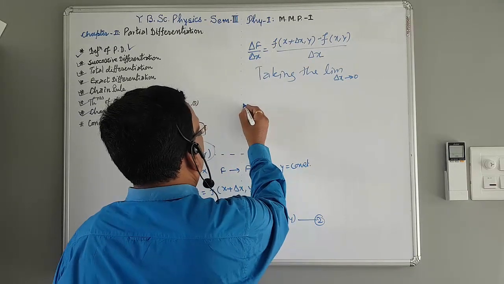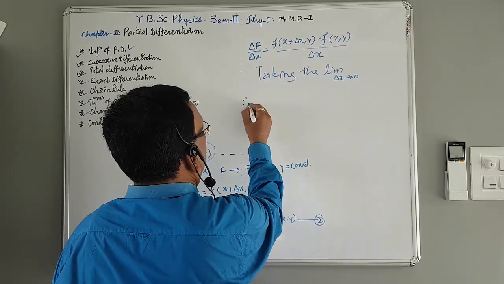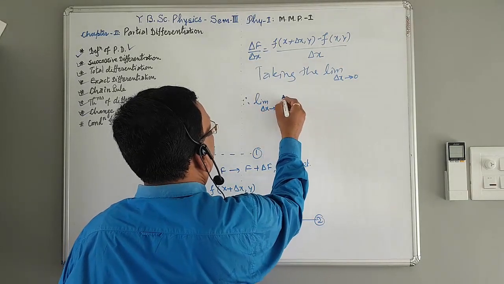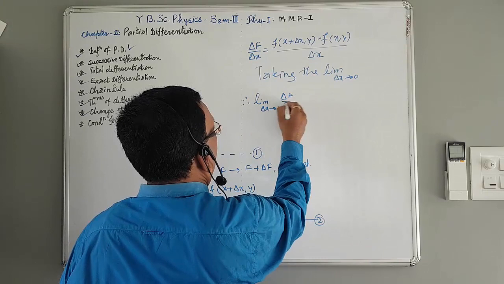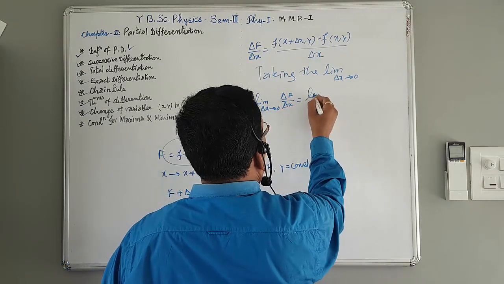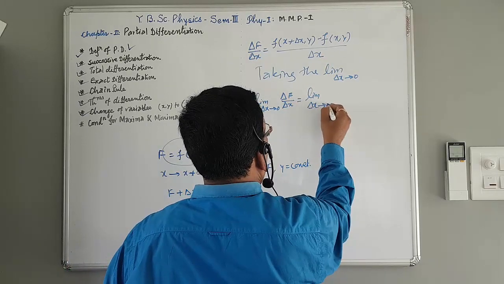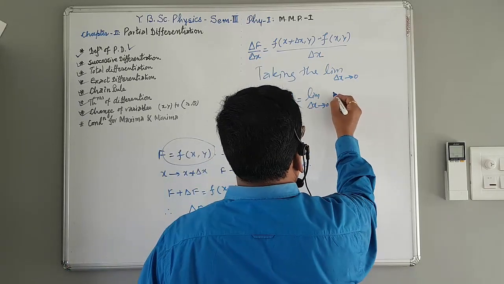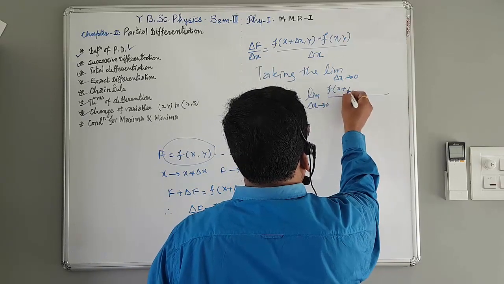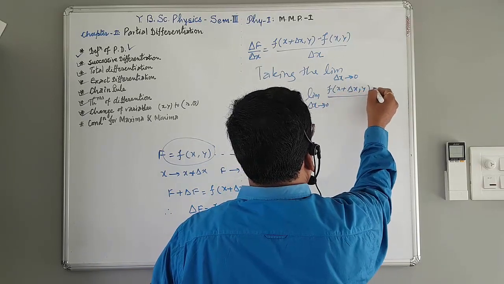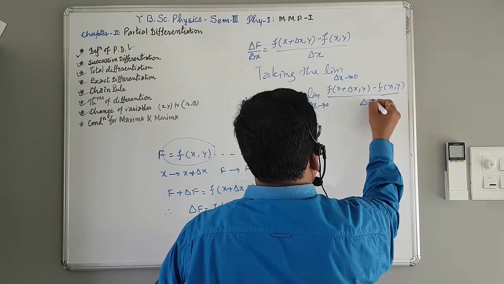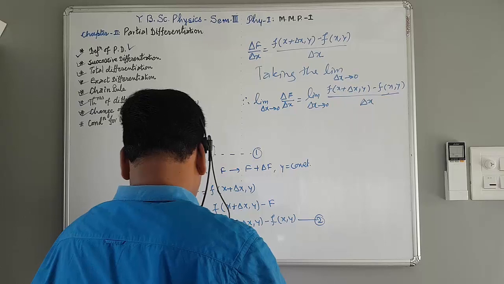Therefore, limit delta x tends to 0 of delta f upon delta x is equal to limit delta x tends to 0, we have to take the limit on both sides, of f of x plus delta x comma y minus f of x, y, upon delta x.